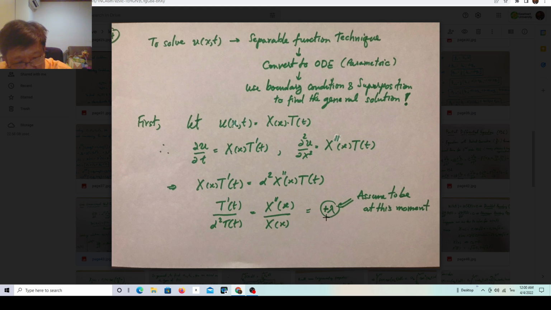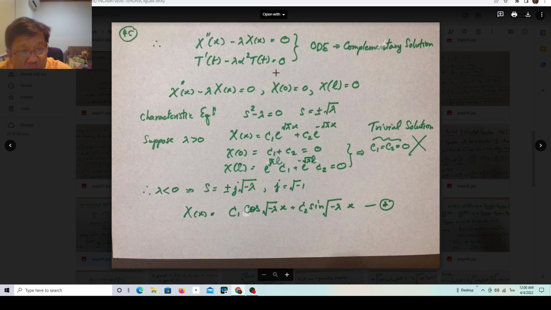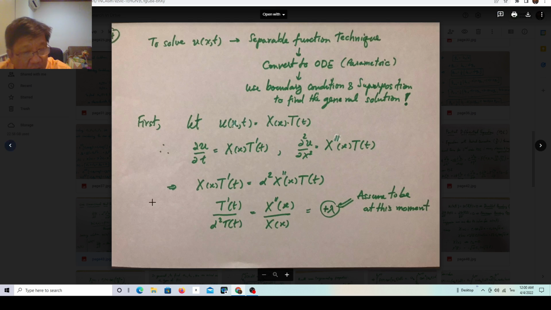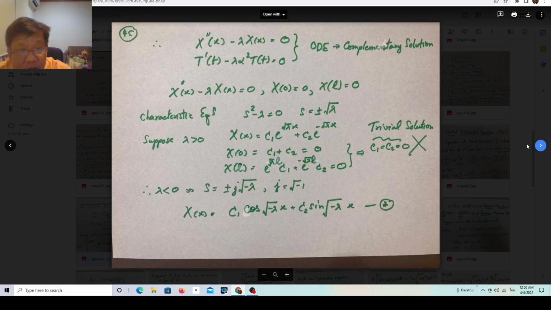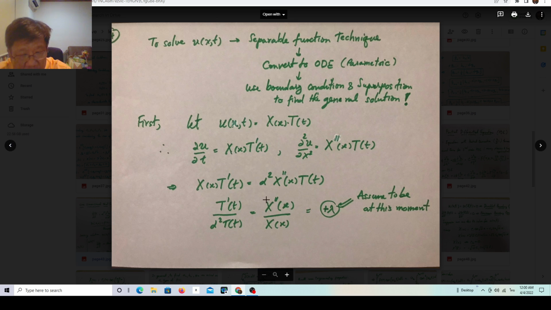If this is assumed to be equal to alpha, you end up having two types of differential equation. The first one, if you use the right hand side equal to alpha, you get this. Therefore X''(x) minus lambda times X(x) is equal to 0, because you can see that these two are equal. If I multiply by X times X on both sides, the left hand side becomes the second order of X, and the right hand side becomes lambda times X(x).